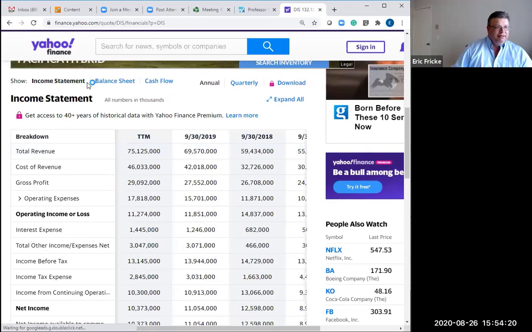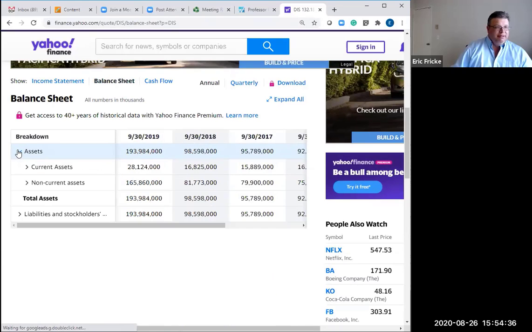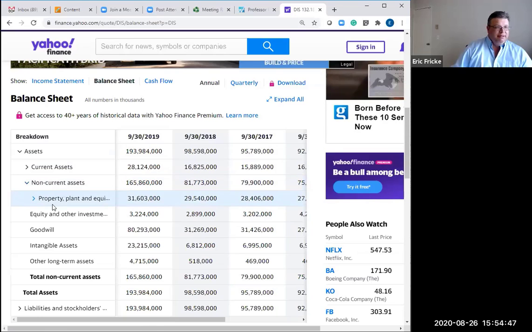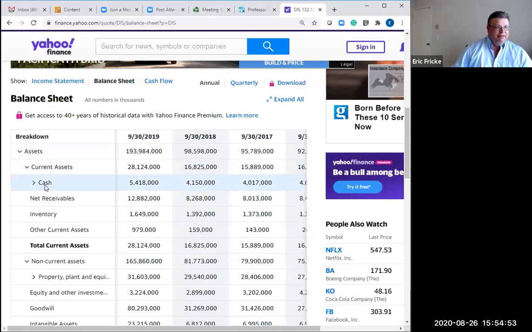Now I'm going to go ahead and hit balance sheet. Arrows here. Now I can see the current assets and the non-current assets. You can see property, plant, and equipment, goodwill, and the different current assets are cash, receivables, inventory.